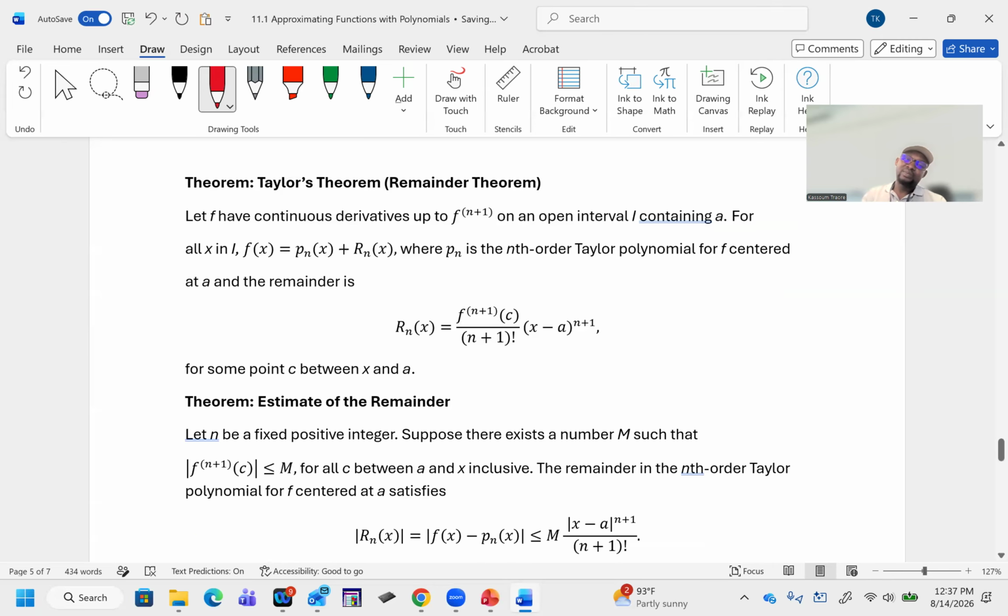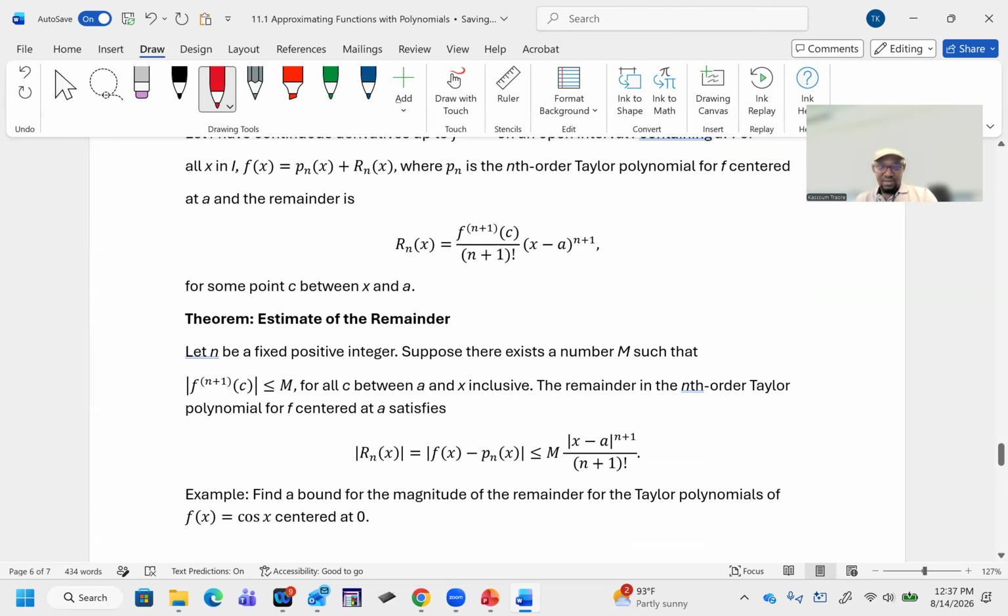Now, how do you estimate the remainder? Theorem. Let n be a fixed positive integer. Suppose there exists a number m such that the absolute value of the n plus 1 derivative of f of c is less than or equal to m for all c between a and x inclusive.